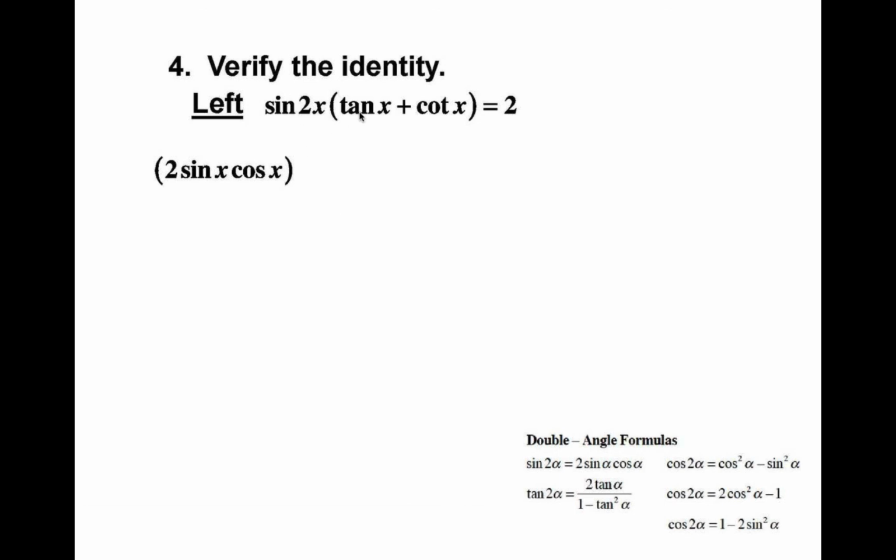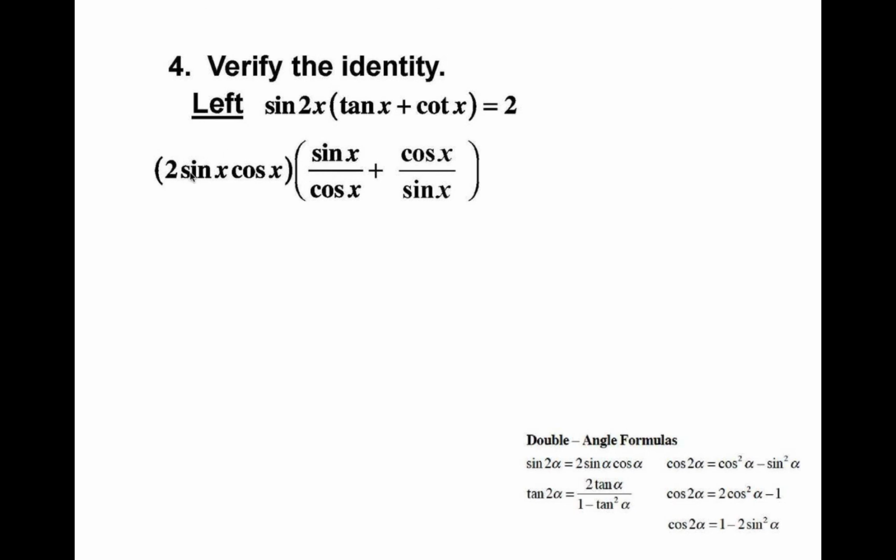Then if you recall, the tangent of x can be rewritten as the sine of x over the cosine of x, plus cotangent x is cosine x over sine x. I'm going to prove that all of this equals 2. So from here, you can distribute.